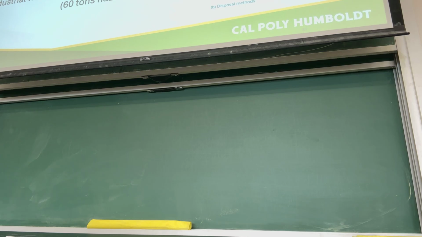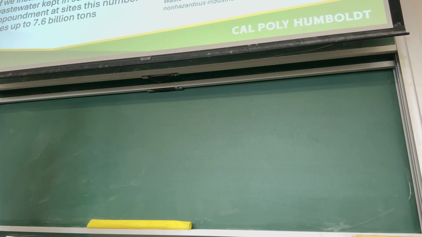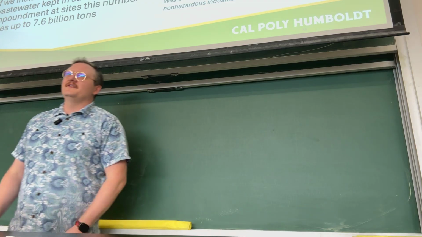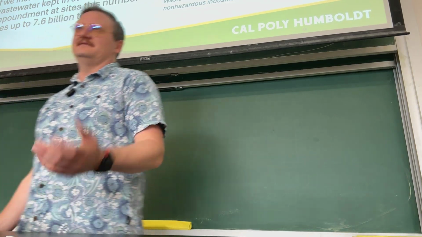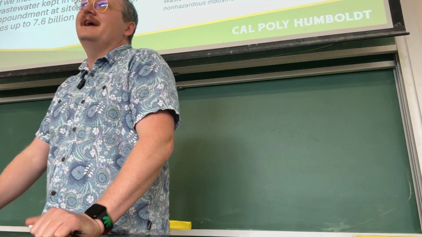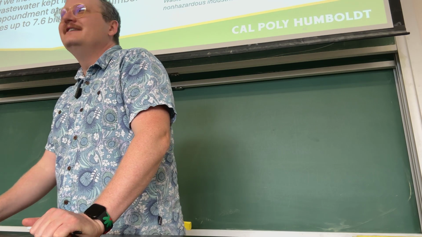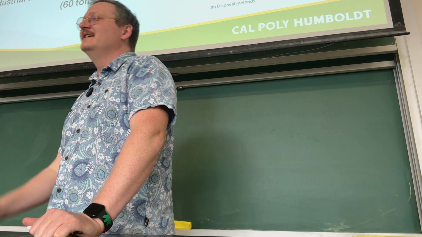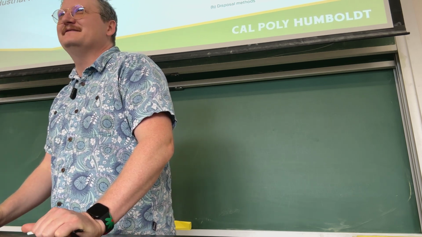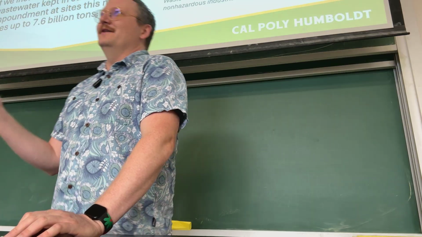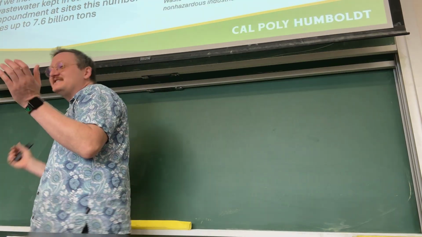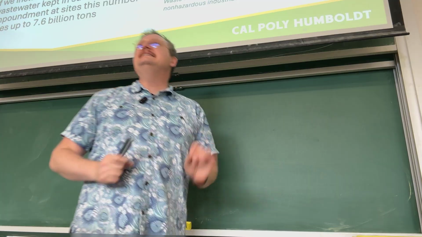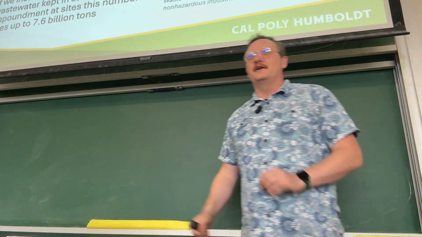And I'll be honest, as a student, when I saw that 7.6 billion ton number, I said, well, then why am I bothering? I kind of just gave up. I was like, I'm not going to recycle. Look how much more they're generating. They're doing 7.6 billion tons on the industrial scale. No matter what I do, it's not going to have any impact. Standard issue perspective. That number though is based on diluted industrial wastewater.